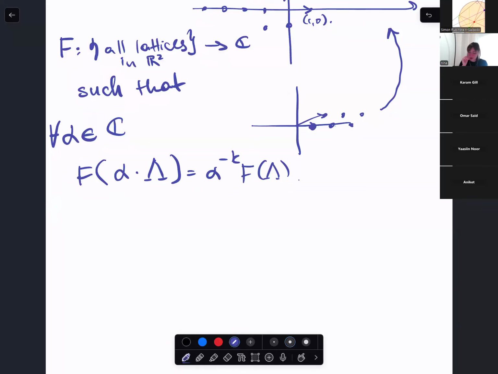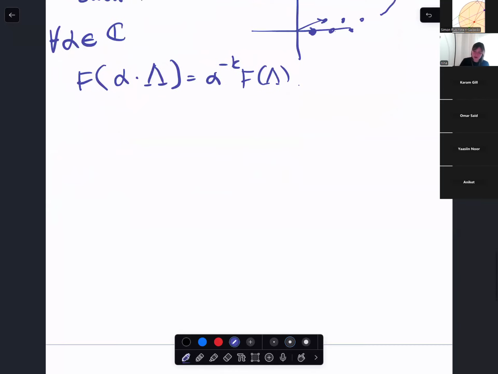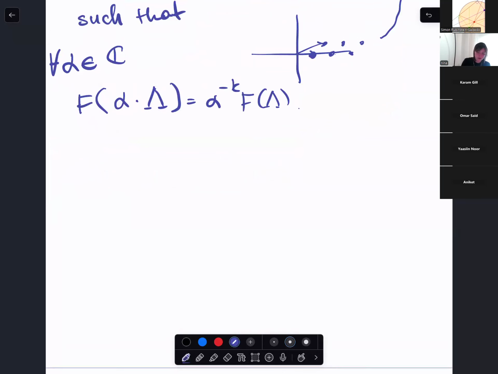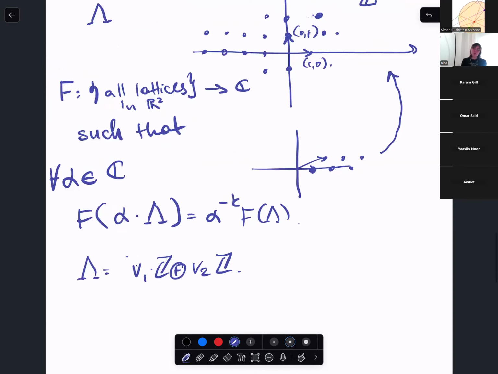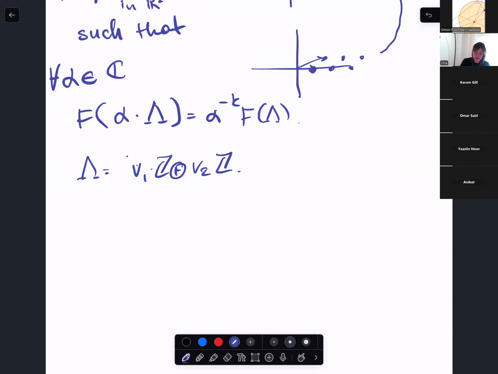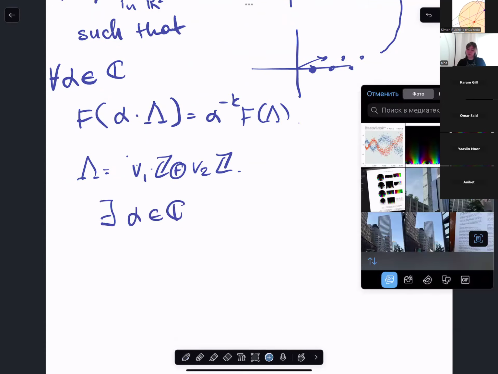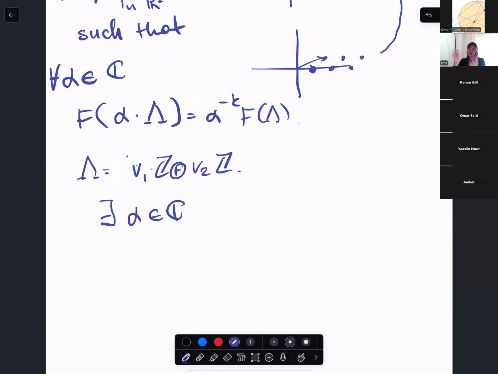And the reason this is the same thing is because you can think of any lattice lambda as being some vector v1 times Z plus some vector v2 times Z, right? Because we said we take 2 points and we look at all of their linear combinations, and we can always find an alpha such that if we rotated the 2 vectors correctly, then one of them would become equal to 1.